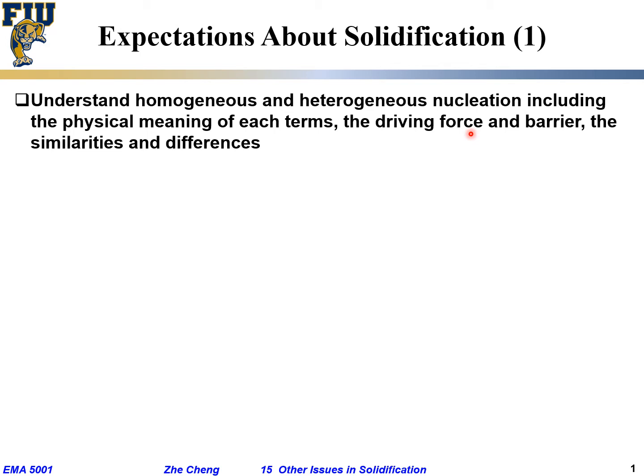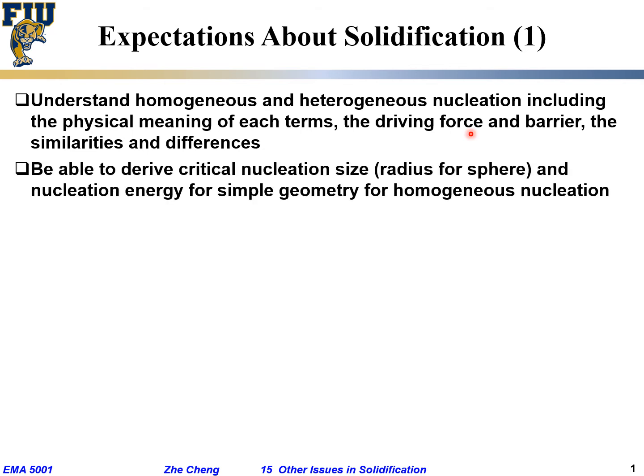It's the reduction of the volume free energy, while the barrier is the creation of the interface and associated interfacial energy. One has to overcome the barrier in order for the nucleation process to occur, and that only occurs favorably under a certain undercooling condition.